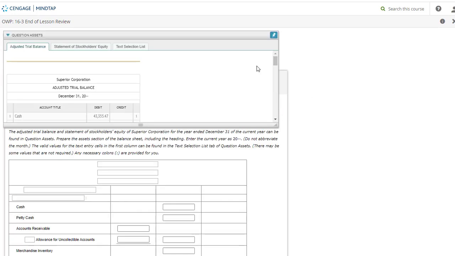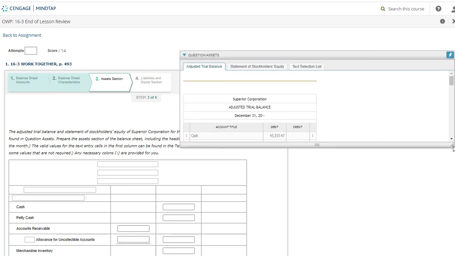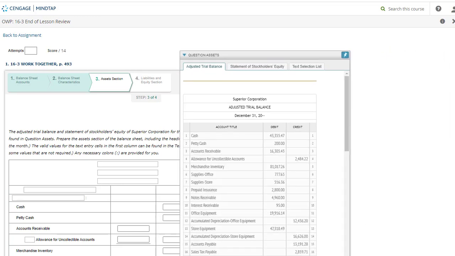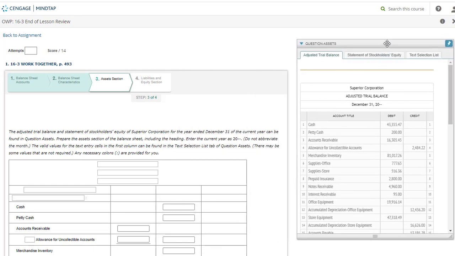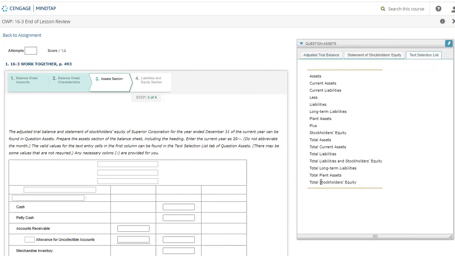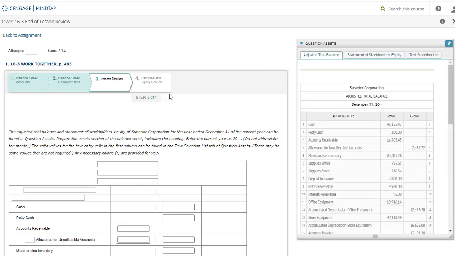And this is all going to come from these 3 pieces of information. And I'm going to go ahead and make it over here, and the text selection is just giving you the things to write in that first column. So it's either the adjusted trial balance or the statement of stockholders' equity that it's coming from.